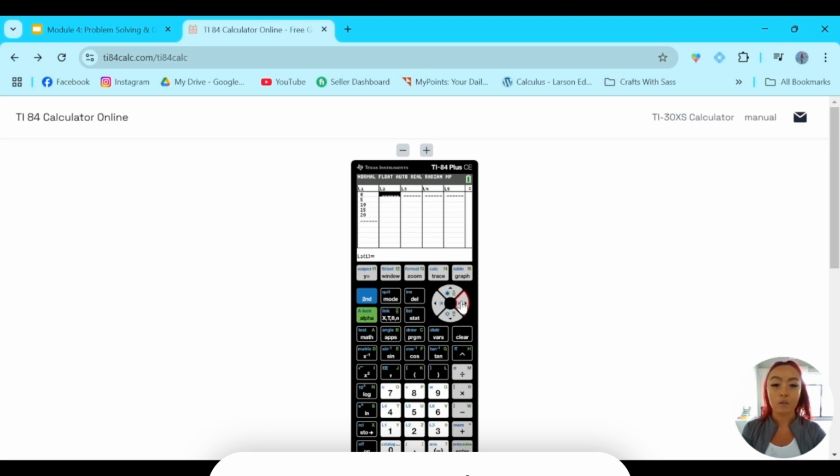Then we're going to move over to L2, and we'll put our Y values, which were 20,000, 10,550, 5,570, 2,940, and 1,550.